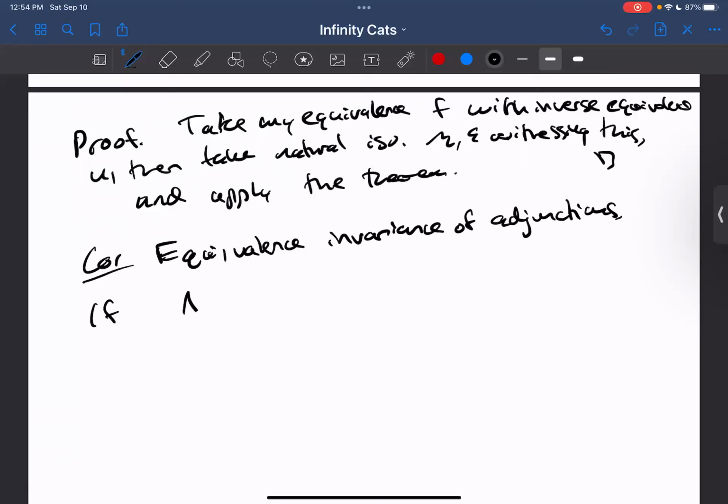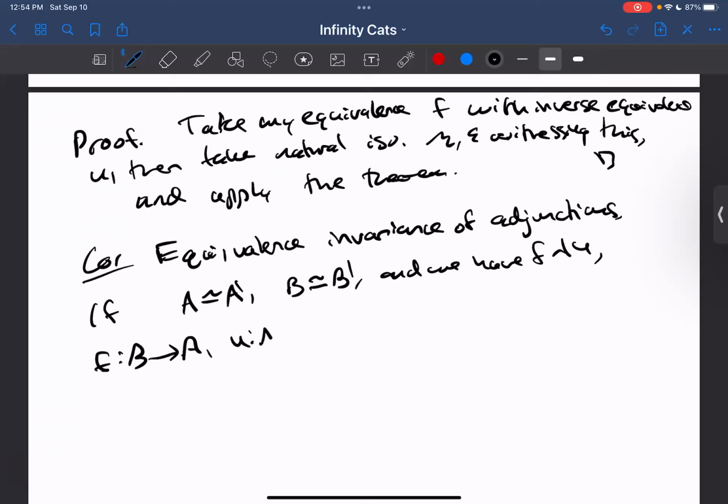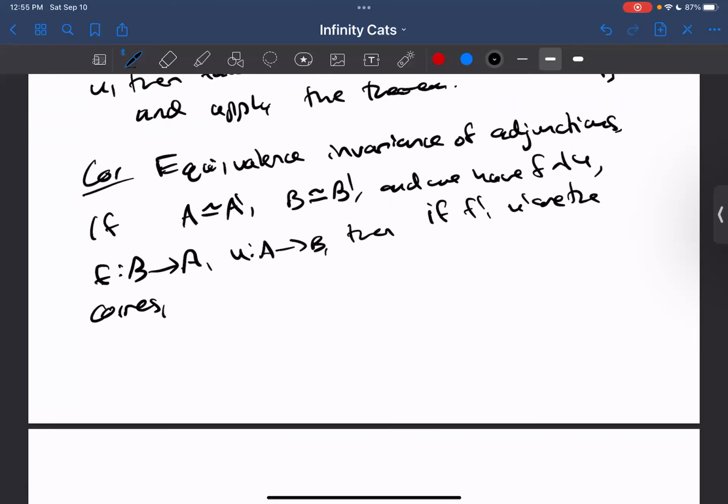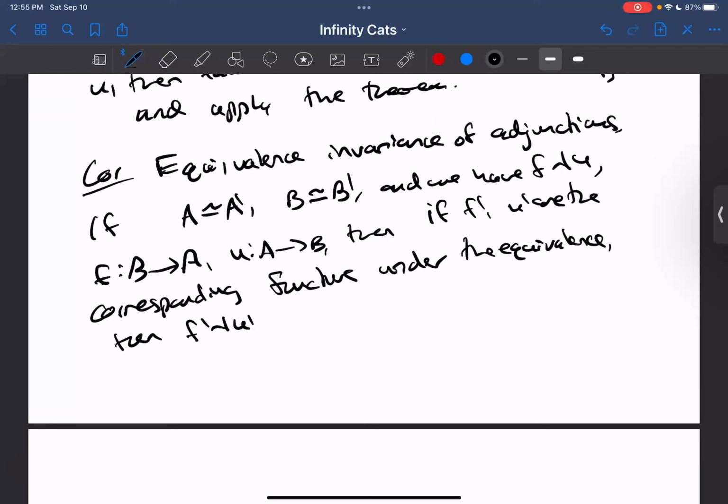If A is equivalent to A prime, B is equivalent to B prime, and we have F is left adjoint to U, F maps B to A, U maps A to B, then if F prime, U prime are the corresponding functors under the equivalence, then F prime is left adjoint to U prime.